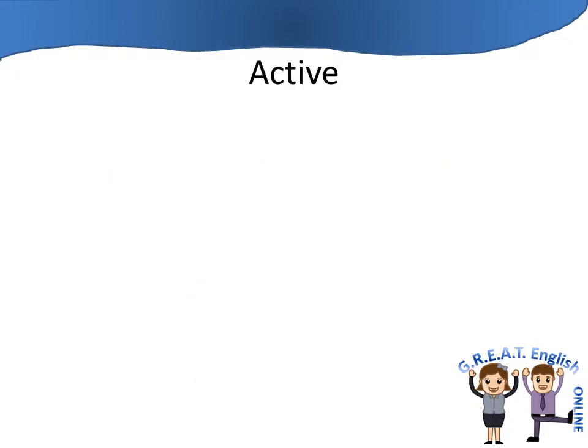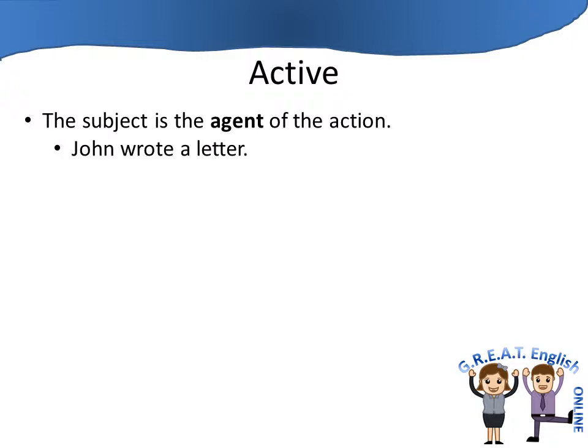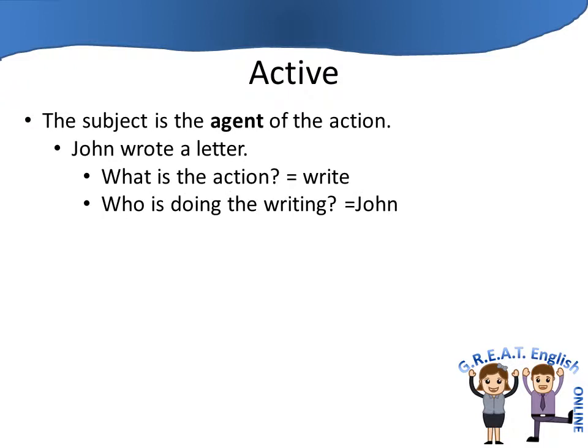So let's talk about what is active and passive voice. In an active sentence, the subject is the agent of the action. The subject is the agent of the action. John wrote a letter. What is the action? The verb is write, in the past tense in this case, but the action is writing. And who is doing the writing? In this case, it's John.